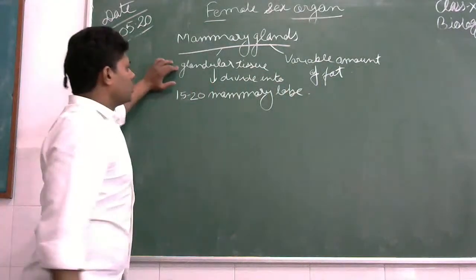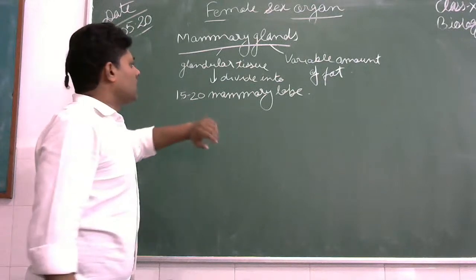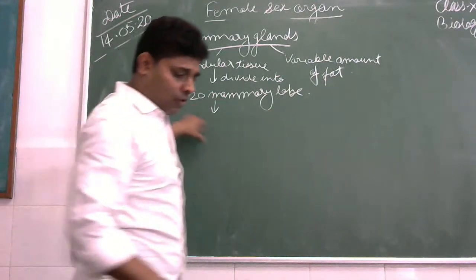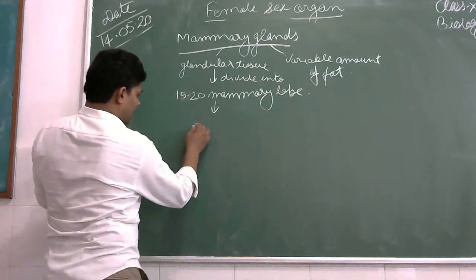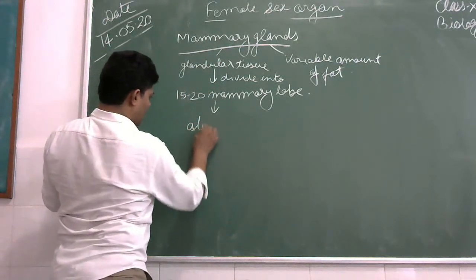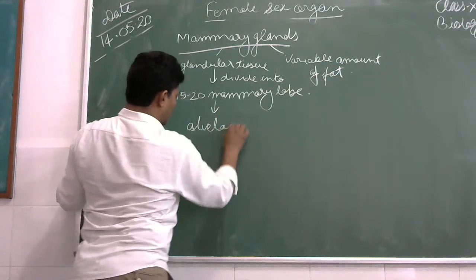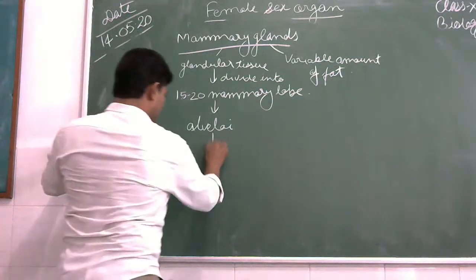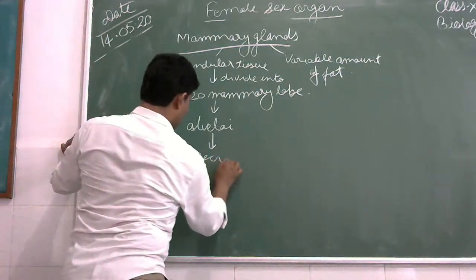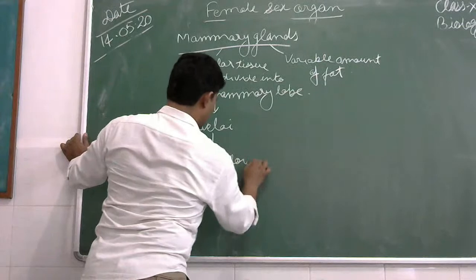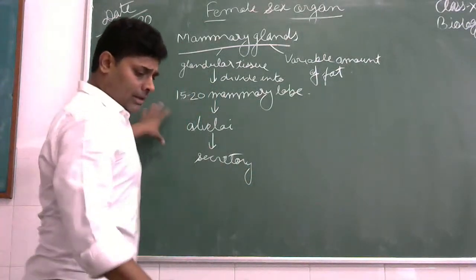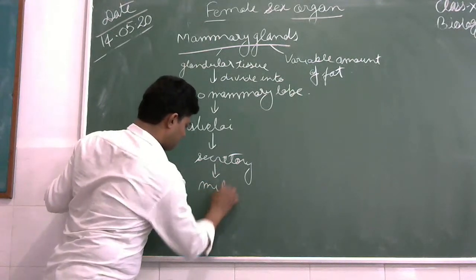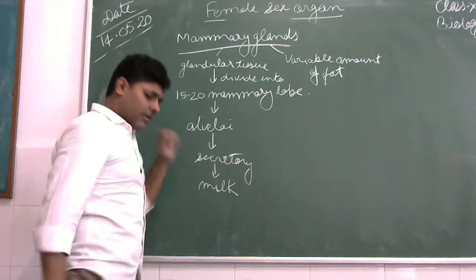Glandular tissue divides into 15 to 20 mammary lobes, and again these mammary lobes divide into several alveoli, and these alveoli are secretory in nature. They will secrete the milk. Further, what happens?